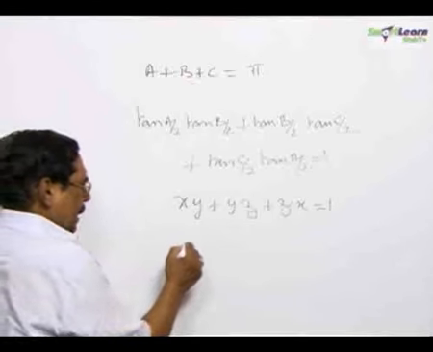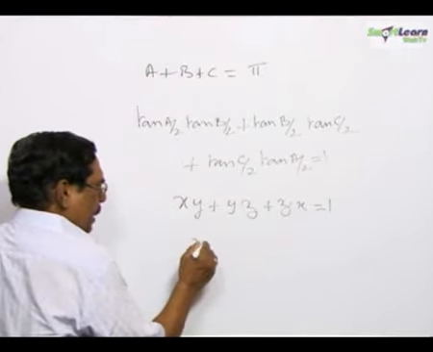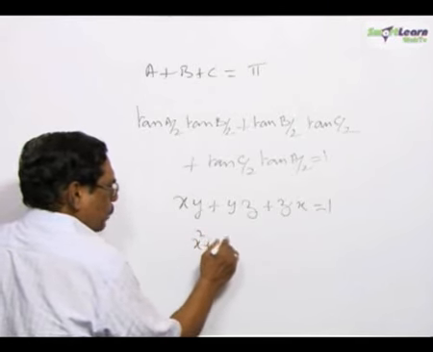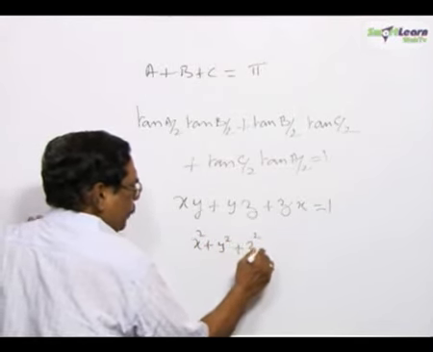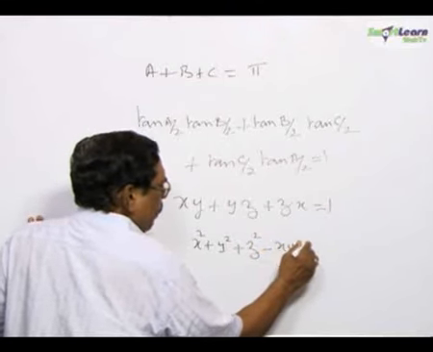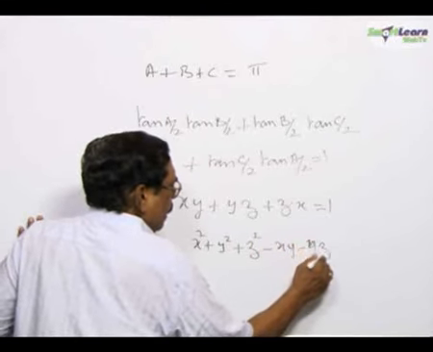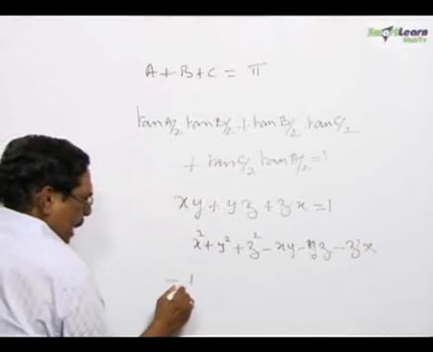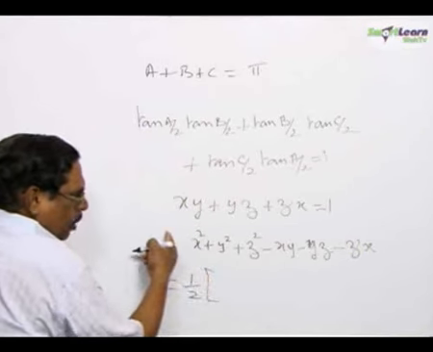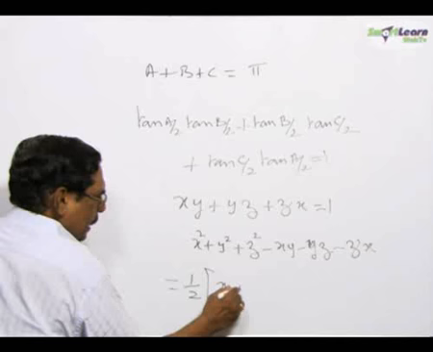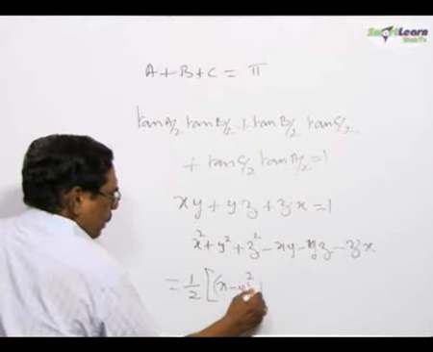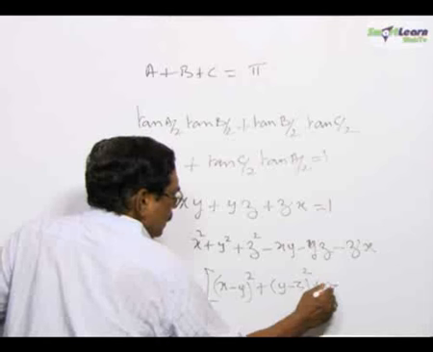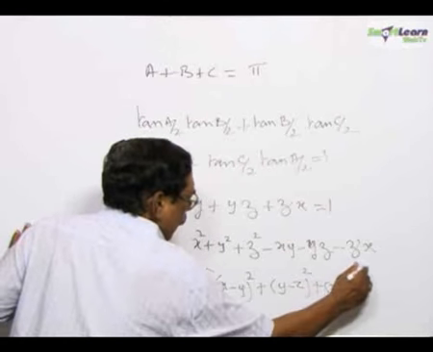Now we know that x squared plus y squared plus z squared minus xy minus yz minus zx is nothing but, I used this in the last problem also, x minus y the whole squared plus y minus z the whole squared plus z minus x the whole squared, all multiplied by half.